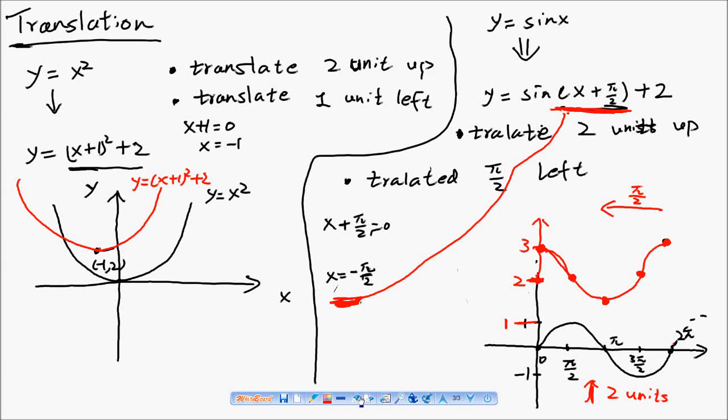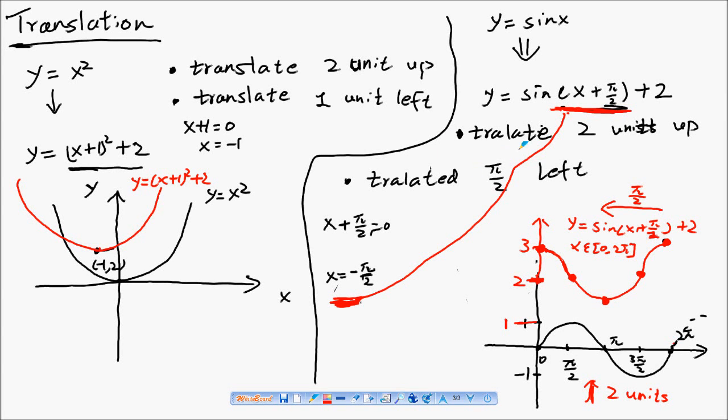So this is your new graph, y equals sine (x plus pi on 2) plus 2, and the domain is x from 0 to 2 pi. The whole thing is moved up and moved to the left.